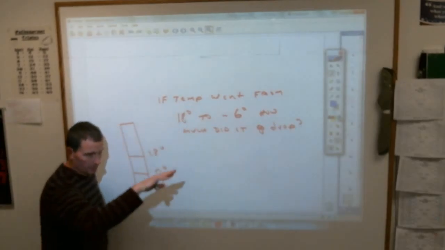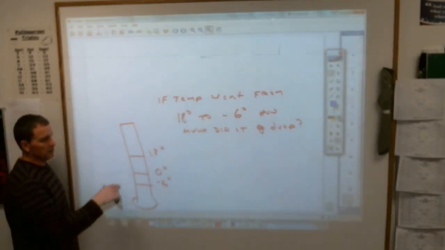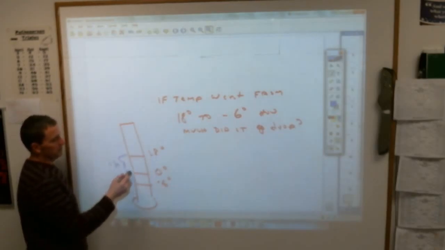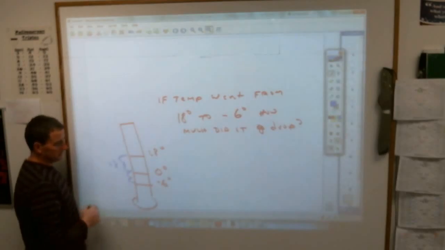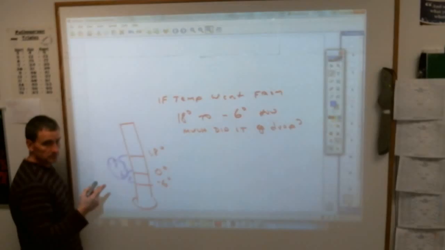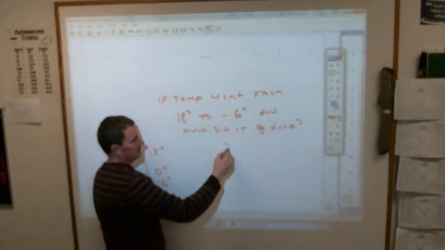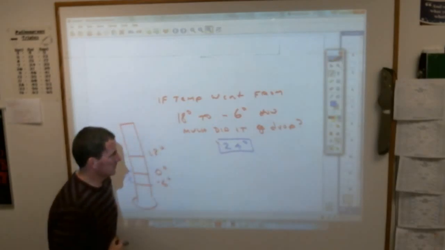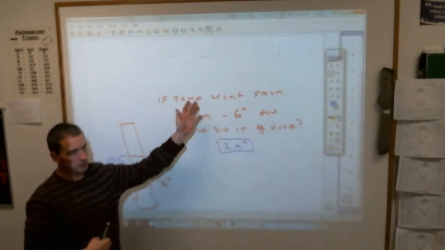Here's where negative numbers get a little confusing for us. We know it's 18 degrees to get from 18 to 0, right? And then how many degrees is it to get from 0 to minus 6? 6. So that's a total change of 24 degrees. The temperature went down 24 degrees, which doesn't seem logical because neither number is close to 24.